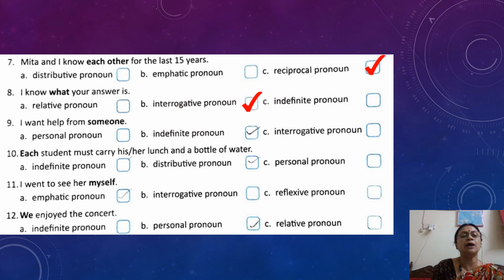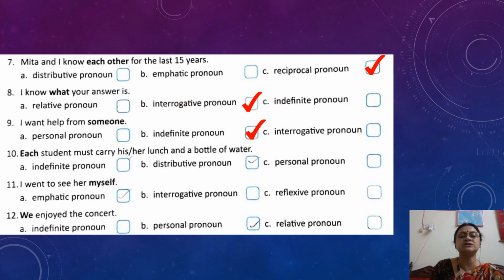Number 9. I want help from someone. So someone means it's not any particular person. So it will be an indefinite pronoun. Sentence number 10. Each student must carry her lunch and a bottle of water.